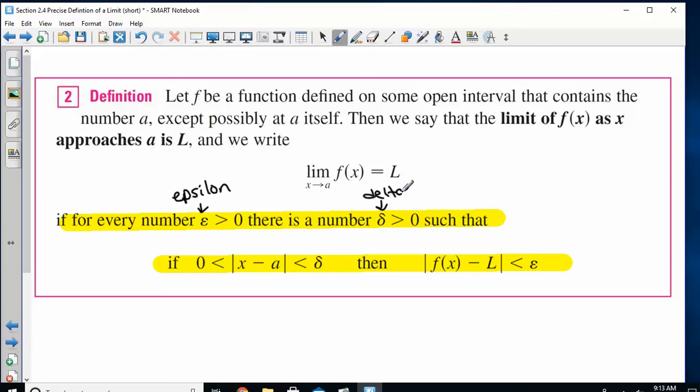Delta. There's a delta greater than 0, such that this line is true. You can write it like this, you could drop that 0, so the distance between x minus a is less than delta. If that's true, then the distance between f of x and L is less than epsilon.